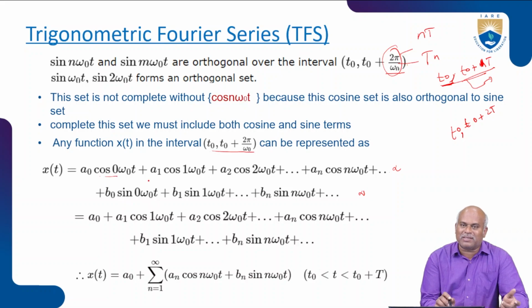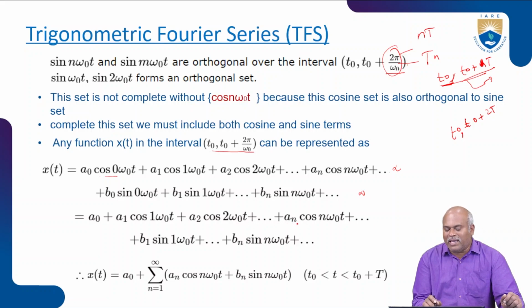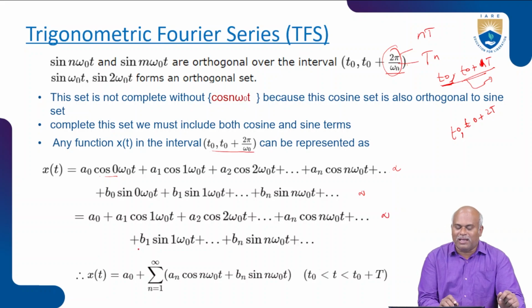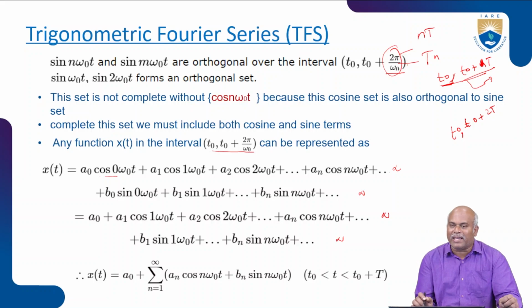If cos 0 is 1, then only a0 is present: a0 times 1, so a0 plus a1 cos 1 omega 0 t plus a2 cos 2 omega 0 t plus an cos n omega 0 t, up to infinity. In the b term, sin 0 is equal to 0, so b0 cancels, and we get b1 sin 1 omega 0 t plus up to bn sin n omega 0 t, which also goes to infinity. Now I write it in a simpler form.